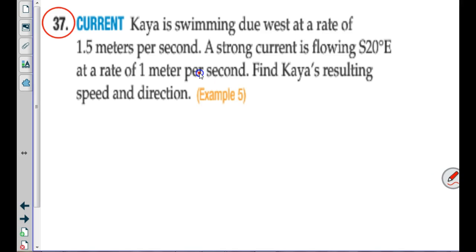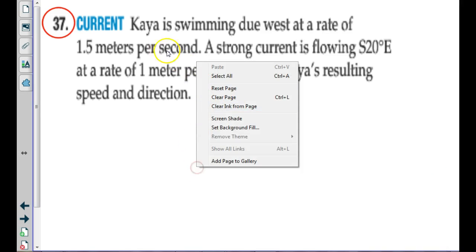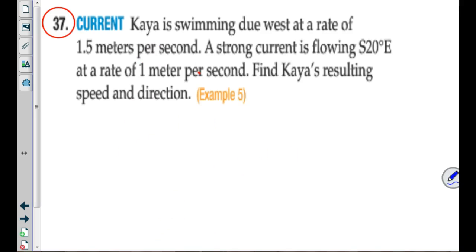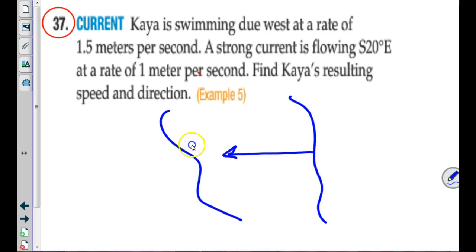All right, Kayla's swimming due west. So here's some kind of a river and Kayla's swimming west at 1.5 meters per second.